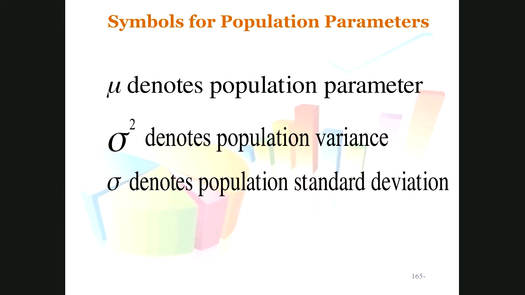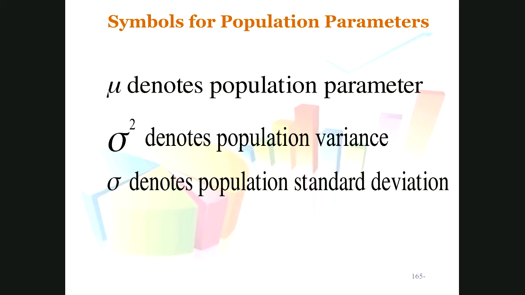The second one is the symbol that looks like a 0 with a curly Q, and it's squared. That's called sigma, and that is the population variance. So how much, whatever you're measuring, how much does it vary from the mean?